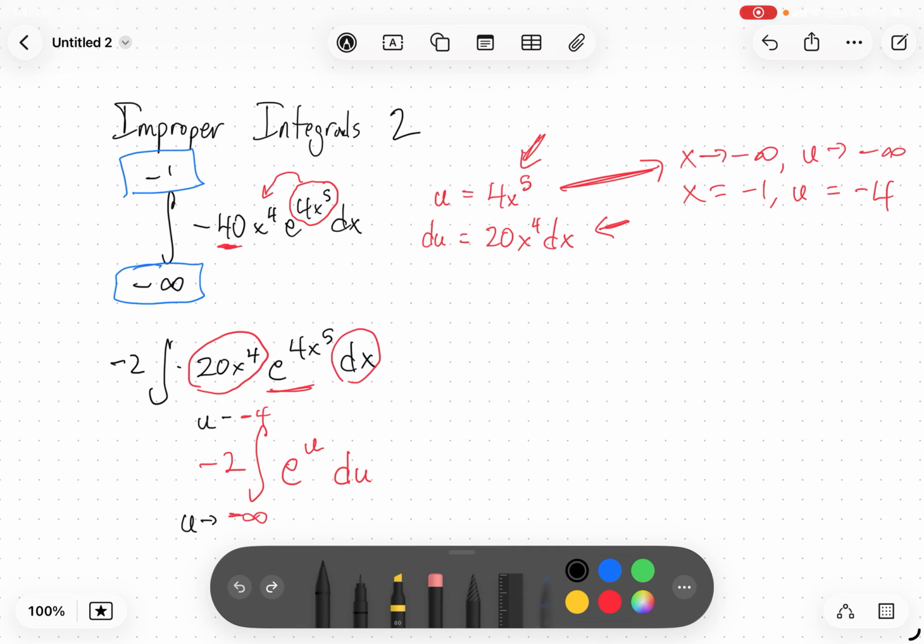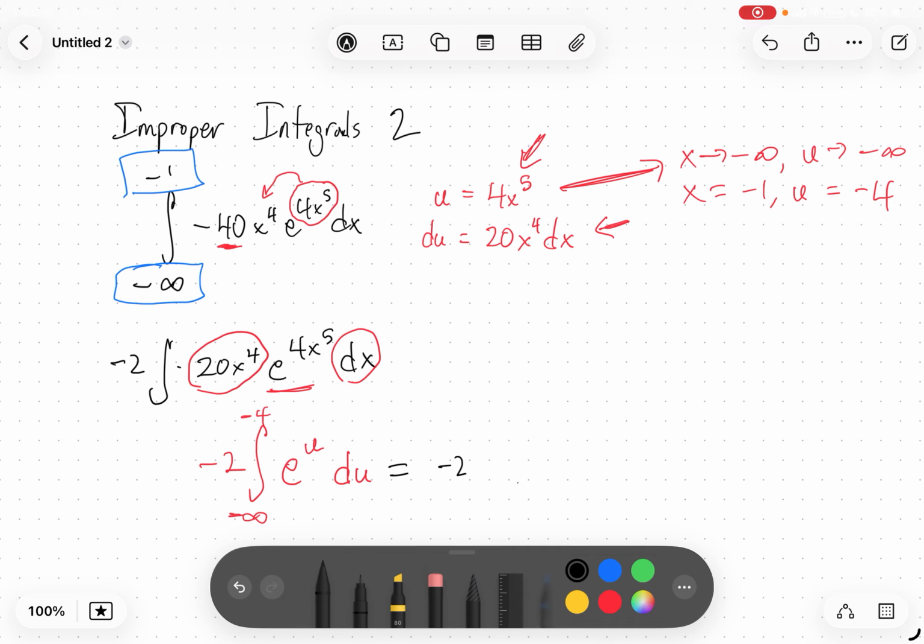So I've decided to change the limits from x limits to u limits. Furthermore, it's easy to find the antiderivative, which is e to the u.